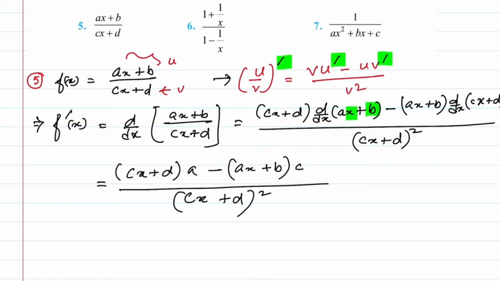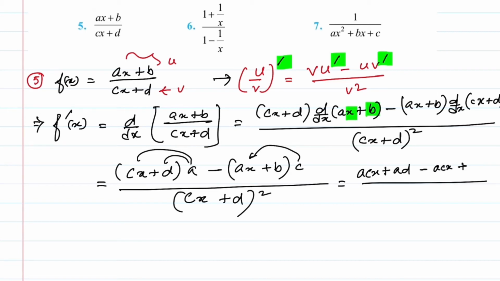Now you can simplify more. So if you multiply this one here and here, then you will get acx plus ad minus again c into ax, acx plus, sorry, it will be minus bc, over (cx plus d) whole square.